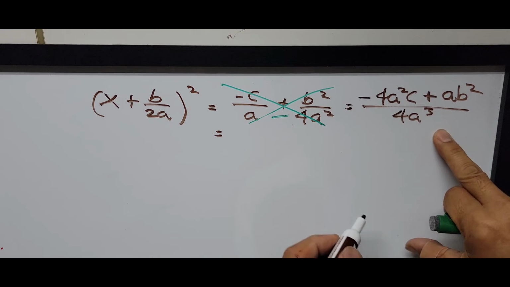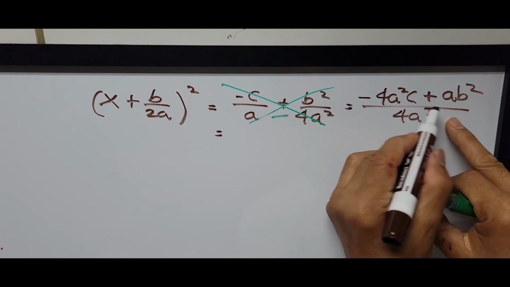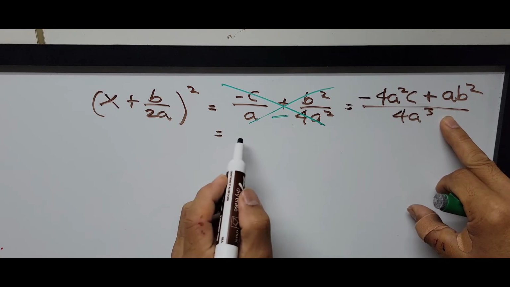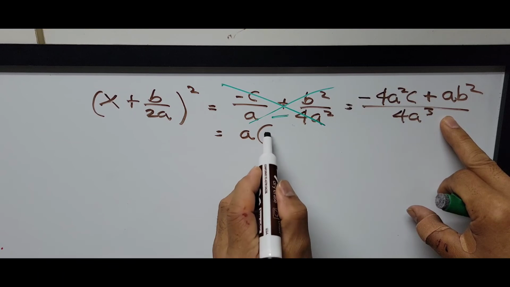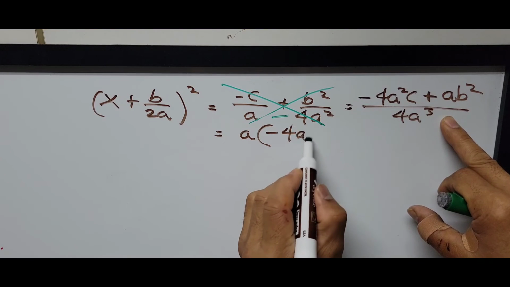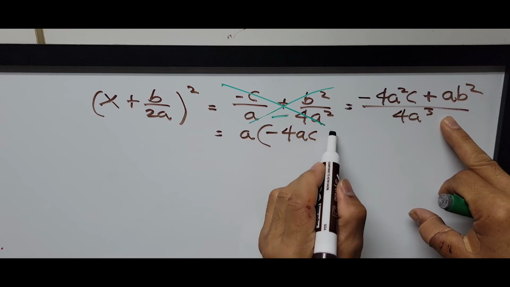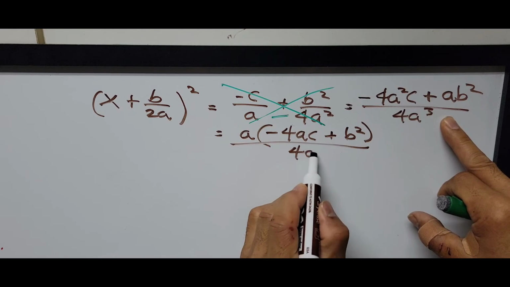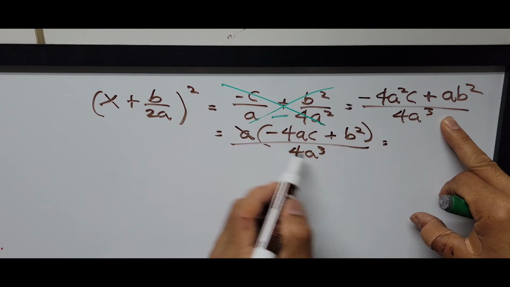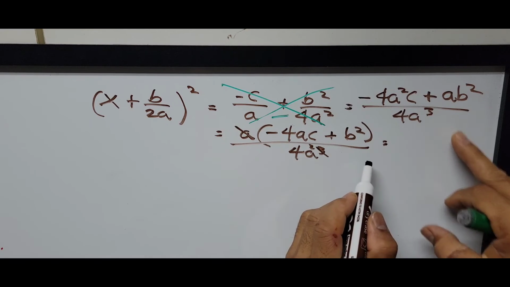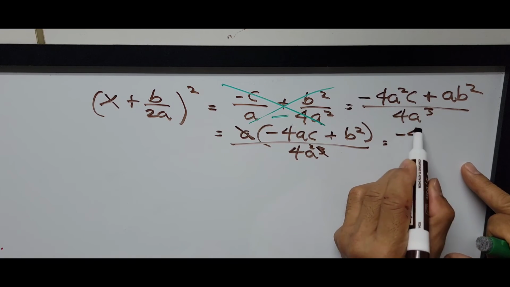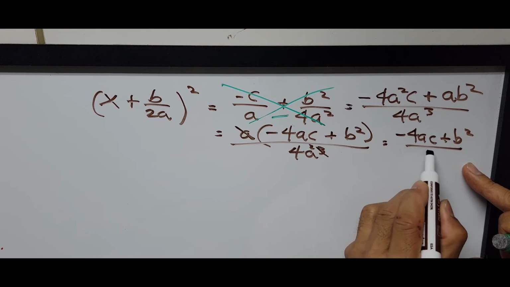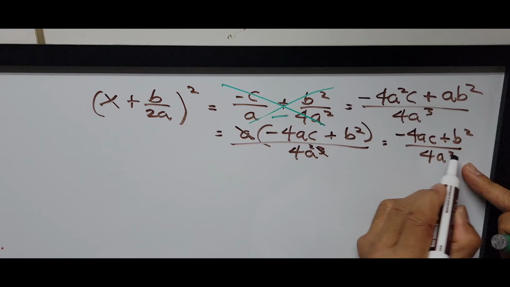Now we factor out a from the numerator and the denominator, and it cancels, becoming minus 4ac plus b squared divided by 4a squared.